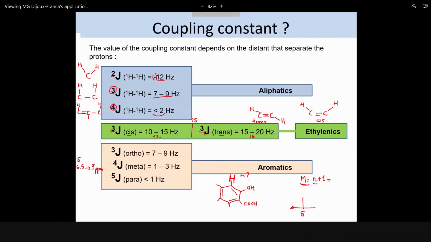If now in the neighborhood I have 1 proton, and let's say that here I have another C. So what will be the shape of the proton in red, if I have a proton here?